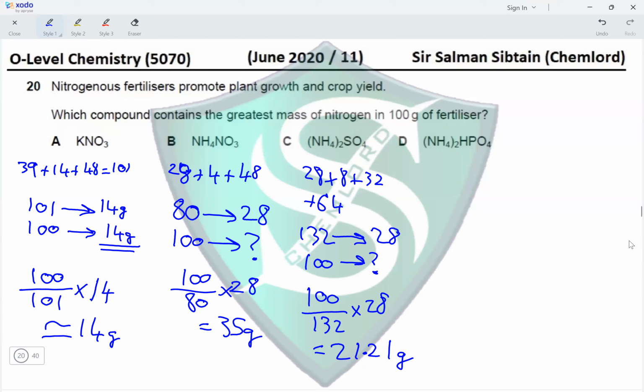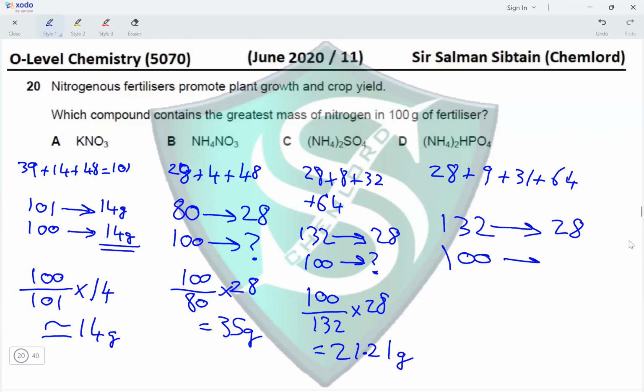And the last one, ammonium hydrogen phosphate. This will have two nitrogens, so 28, 9 hydrogens, 1 phosphorus, and 4 oxygens. This gives us a total of 132 as well. So 132 grams will contain 28 grams of nitrogen, and 100 grams will contain the same value as option C, which is 21.21 grams.